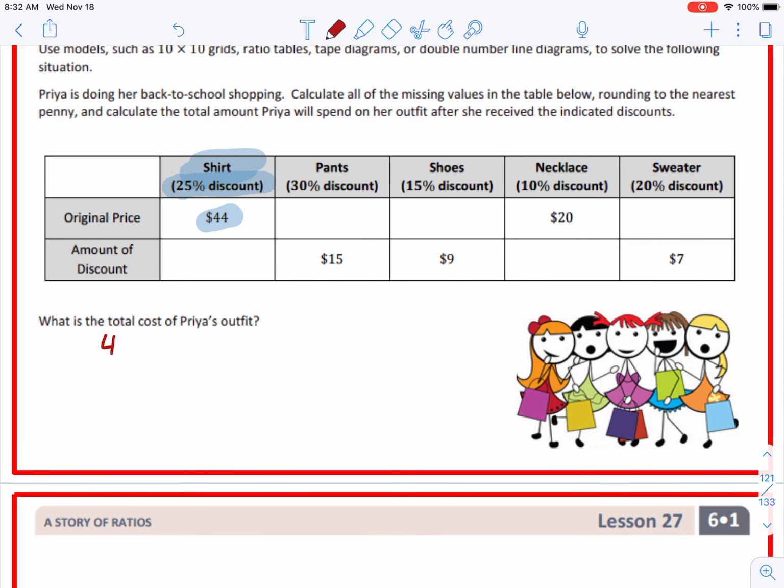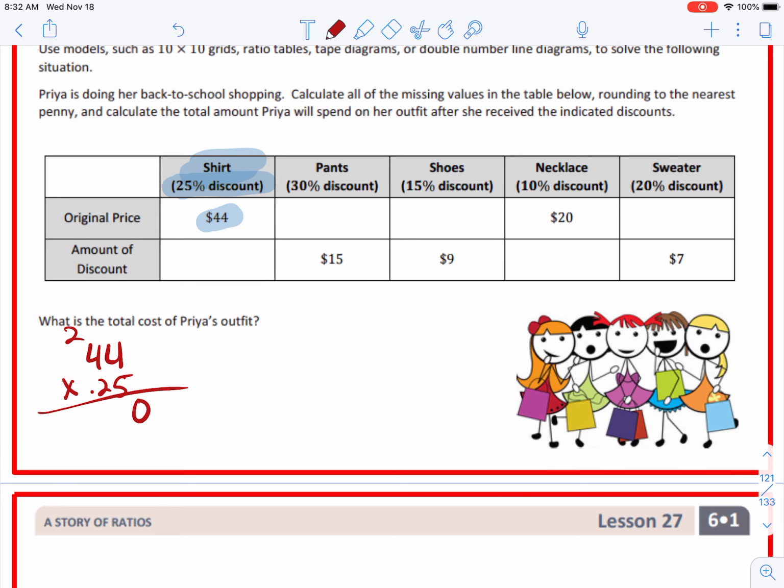We have $44 times 0.25. Sorry, I messed up on the math there real quick. So I have 44 times 0.25 because it's 25%.